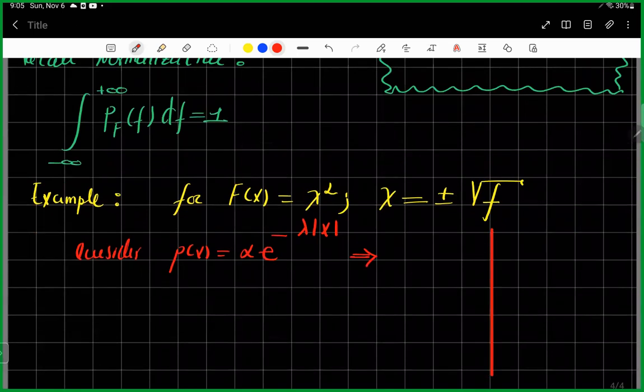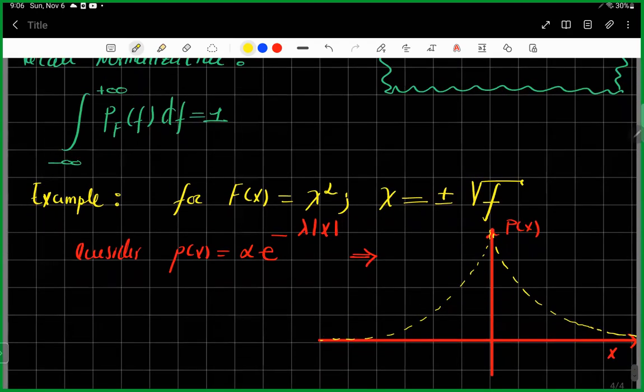Okay, so that's important. The probability density for small x will be something like this. This is x. Okay, very good.